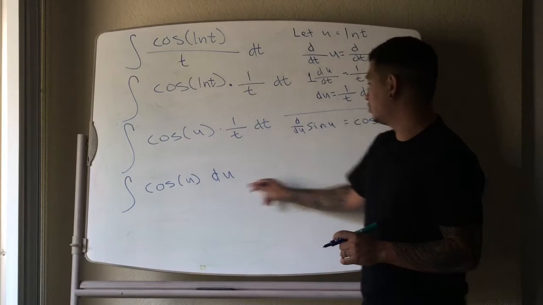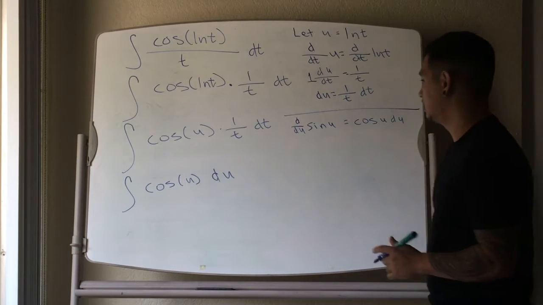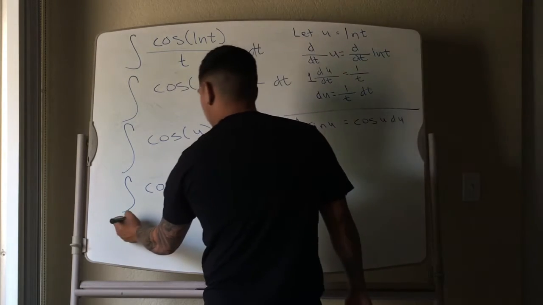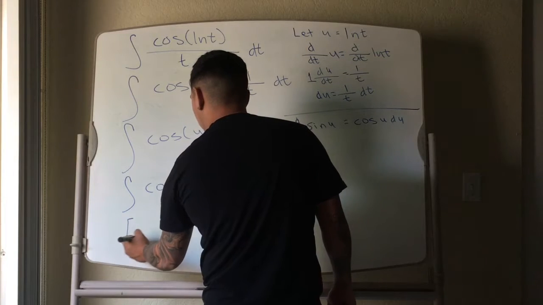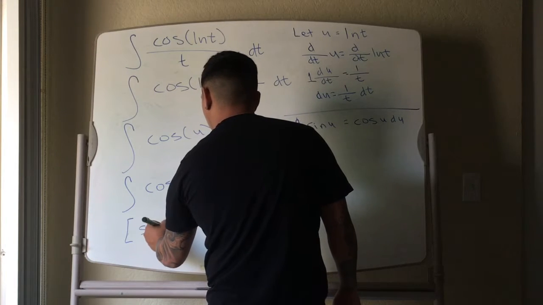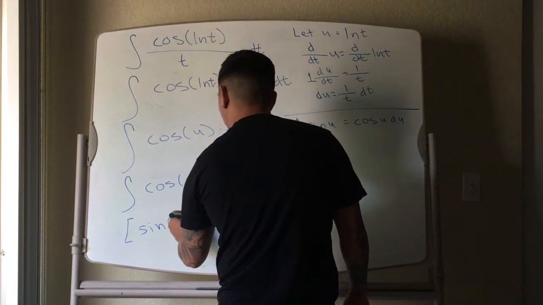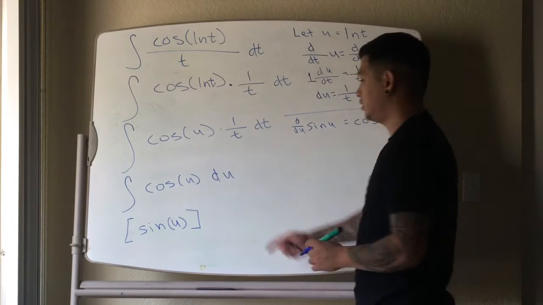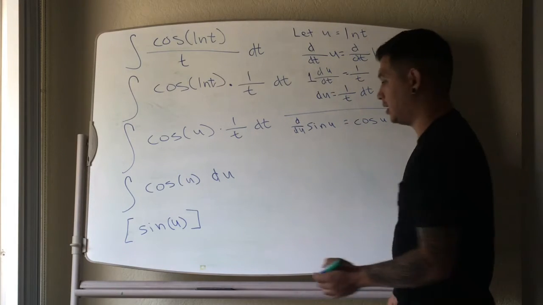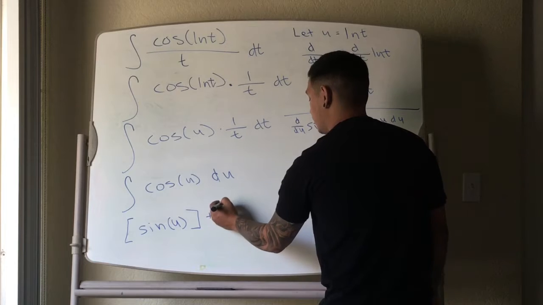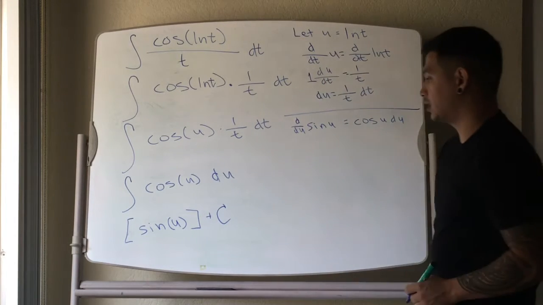This is the inverse, so we're going to go back this way, and so the integral of cosine u du is going to be sine u. And anytime you do an indefinite integral, we're going to add a constant.